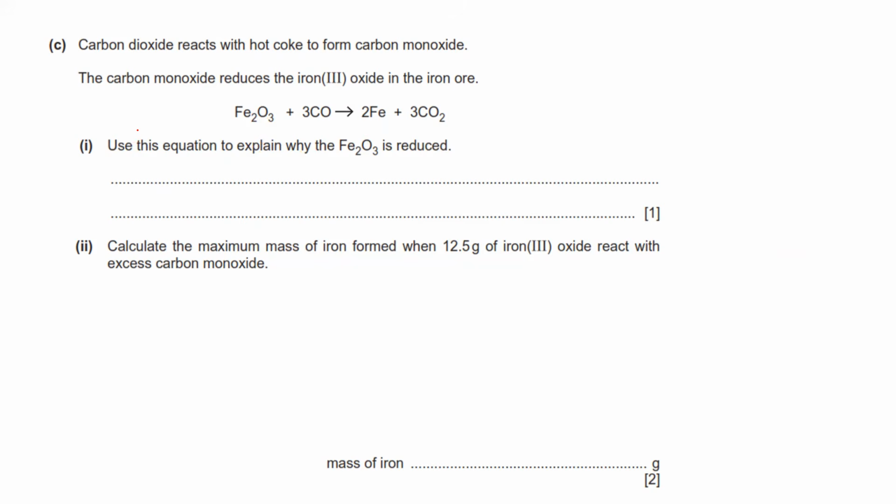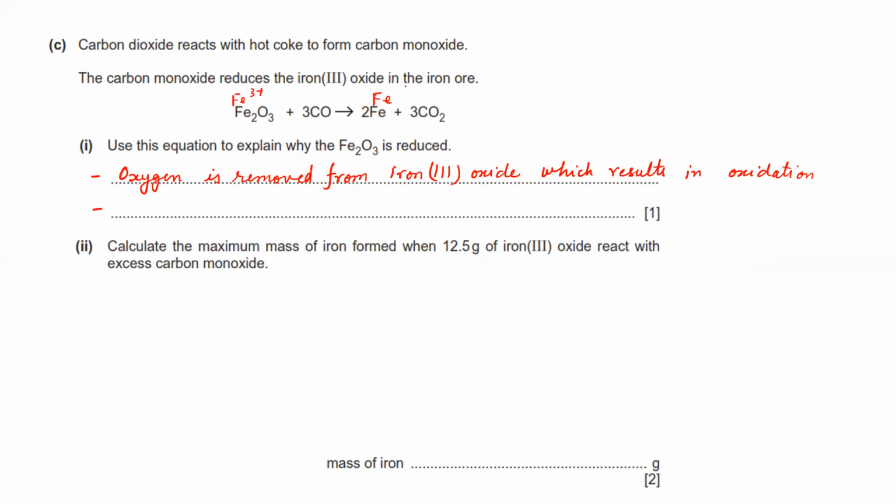So we can easily write that oxygen is removed from iron 3 oxide, which results in reduction. You can use this. Also, iron 3 is Fe3+, and this is Fe here.